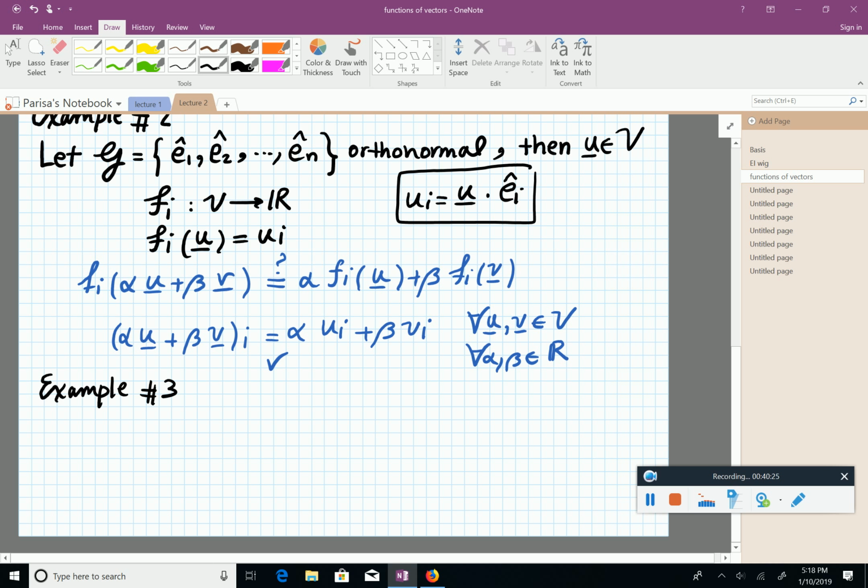I think this is the last. The last example is again a function. So a scalar valued function of a vector.